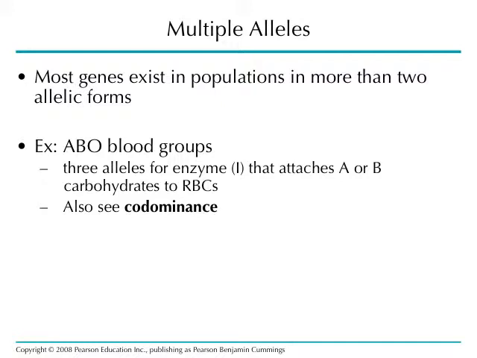This is the most commonly referred to one in addition to the positive negative because it's important for blood transfusions. So here is the I gene, and it encodes an enzyme, and there are different versions of it. There's one that attaches an A carbohydrate, there's one that attaches a B carbohydrate, and there's one that attaches no carbohydrates, and that's all to red blood cells.